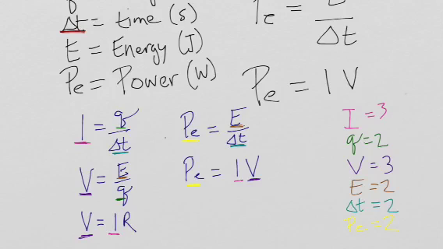Now, resistance is the one where you only have one shot. Resistance can only be calculated using Ohm's law. That is the only variable here that does not have any other equation to solve for it.